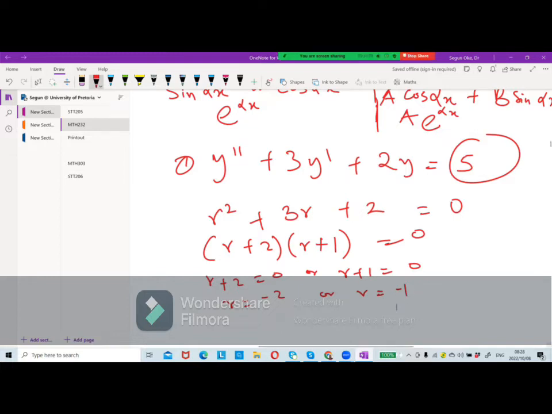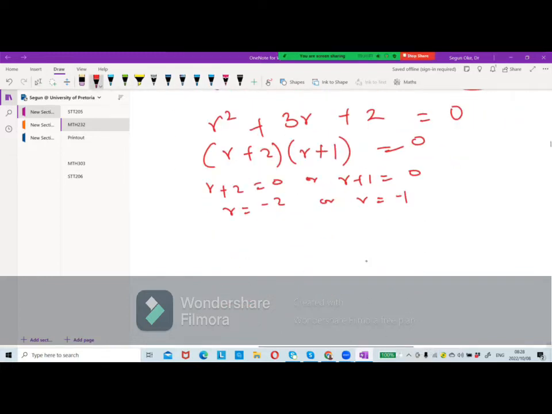So then our y complementary solution will be C1 exponential. Remember, on a normal day, it's supposed to be C1 exponential alpha x plus C2 exponential alpha x.